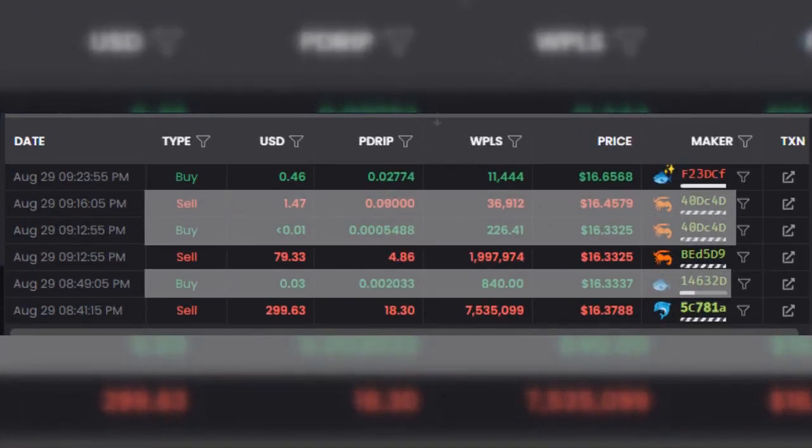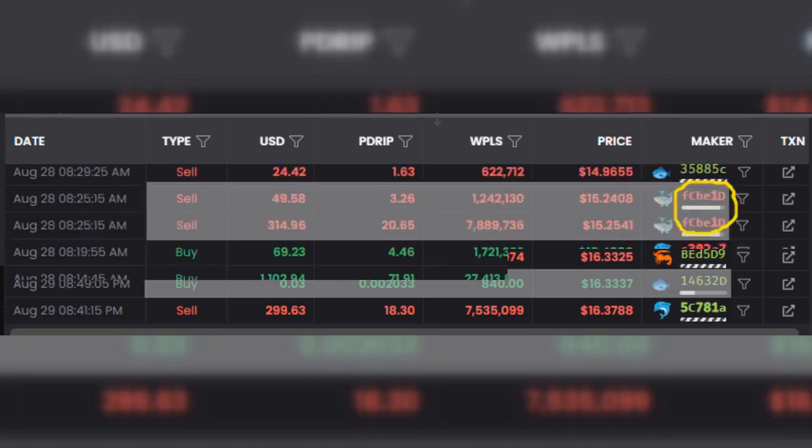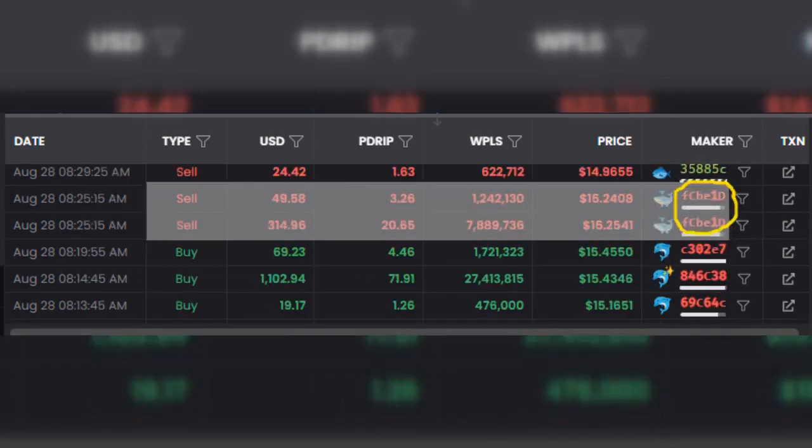But look at the sales side, $1.47, $79, $299. Right there, you can see the same whale account that's prevalent throughout this feed, just doing wash trading.